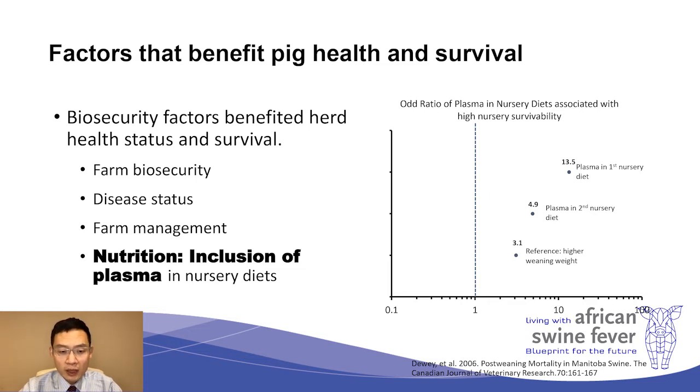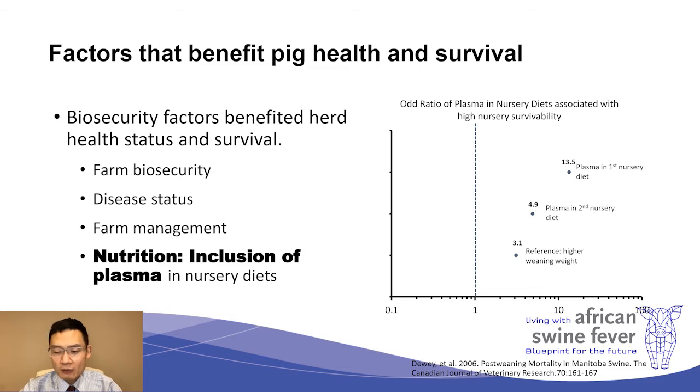Then he concluded that farm biosecurity, disease status, farm management, and also nutrition are all factors that can benefit herd health and pigs' survival. Here I want to point out nutrition, especially the inclusion of plasma in the nursery diet, which really significantly improved pig health and survival.